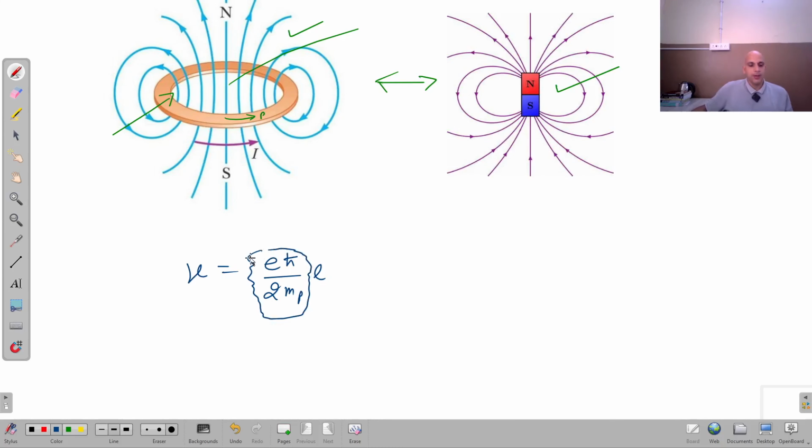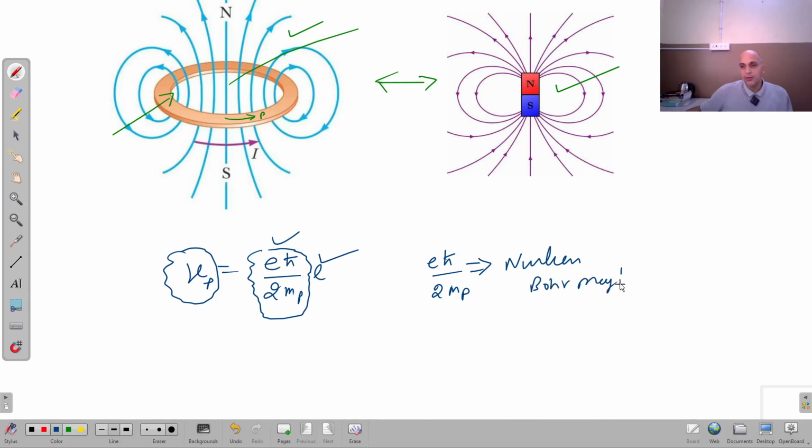So you can see from here that the value of the orbital magnetic dipole moment of proton depends on the value of l, right? This term E h cut upon 2 times mass of proton is known as a nuclear Bohr magneton. This is a unit for the measurement of magnetic dipole moments of the atomic nucleus.